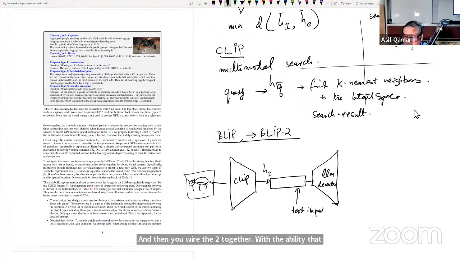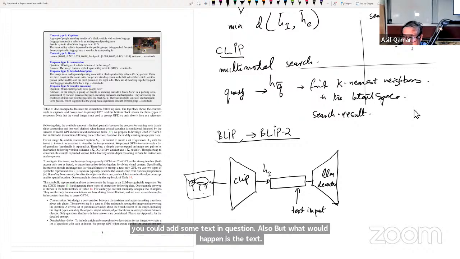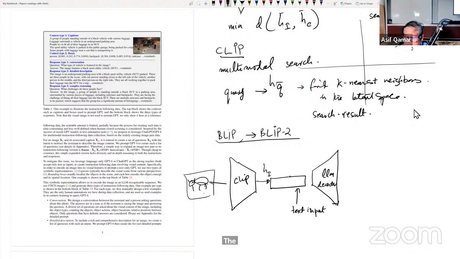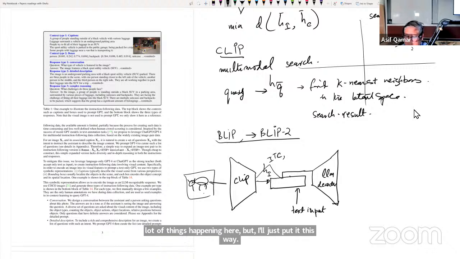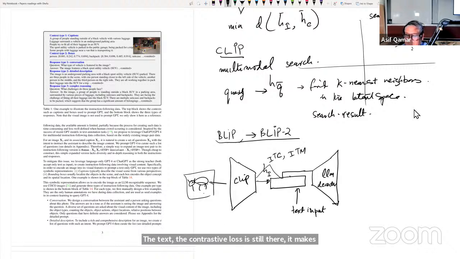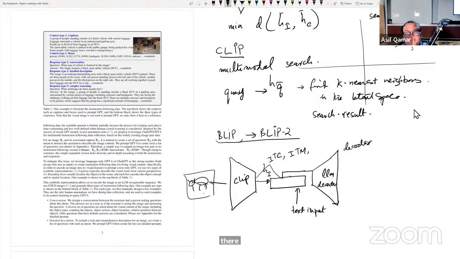But what would happen is the hidden state of the text. I mean, there's a lot of things happening here, but I'll just put it this way: the contrastive loss is still there. Image text contrastive loss is there. Image text matching loss is there, and of course the decoder loss is there. It means you expect a certain caption to come out. You happen to know the ground truth, but what is this machine producing?